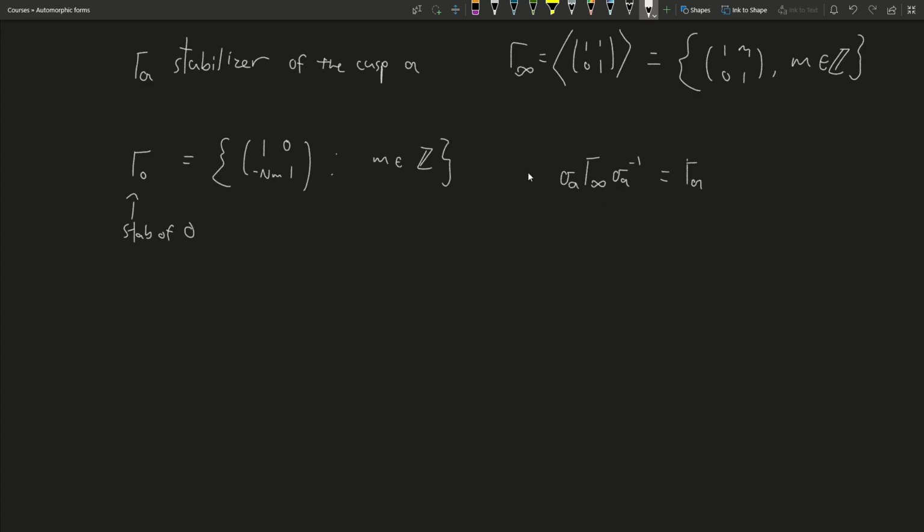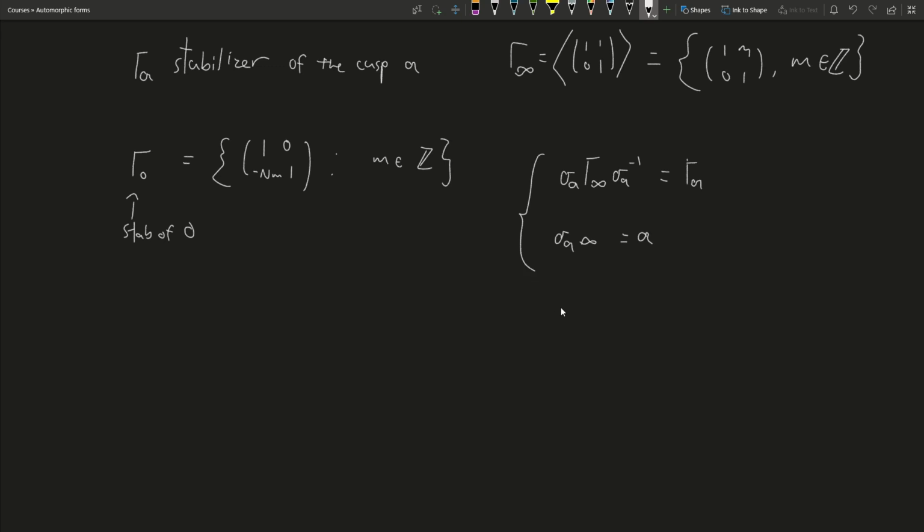So this is one property that we're going to require of our scaling matrix sigma a. And the other property is that when you apply it to infinity, you get the cusp a.